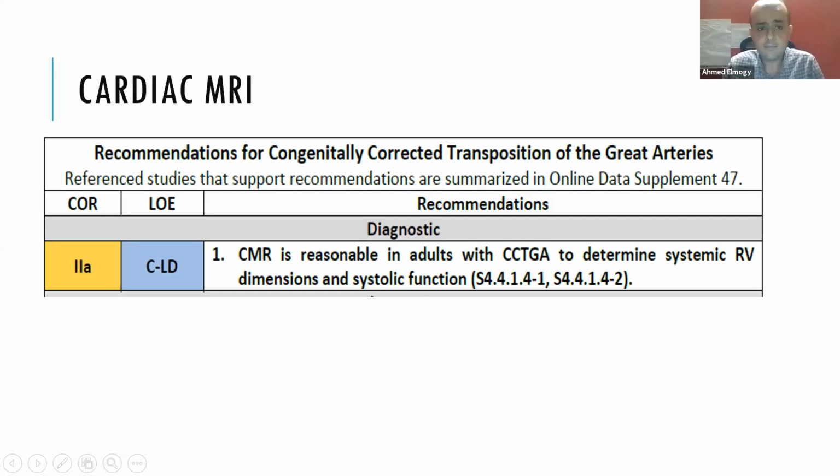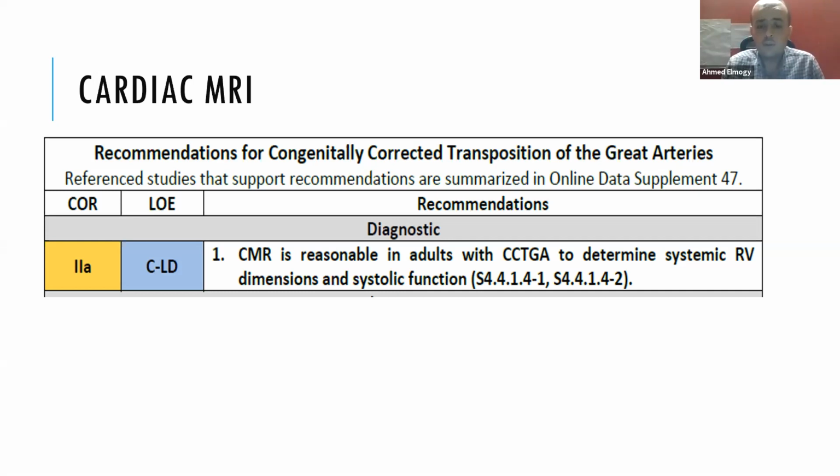For cardiac MRI, according to the 2018 American adult congenital heart disease guidelines, CMR is very handy in assessment of the systemic right ventricular dimension and systolic function, as a class 2A recommendation for initial evaluation and serial follow-up.